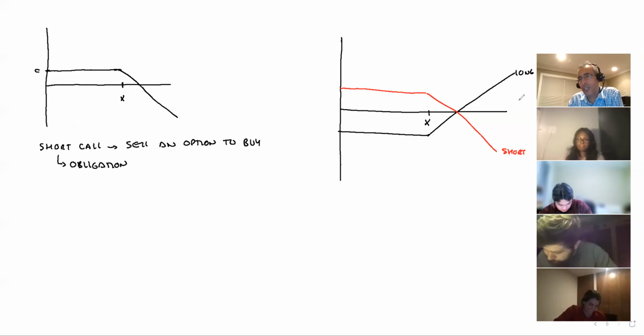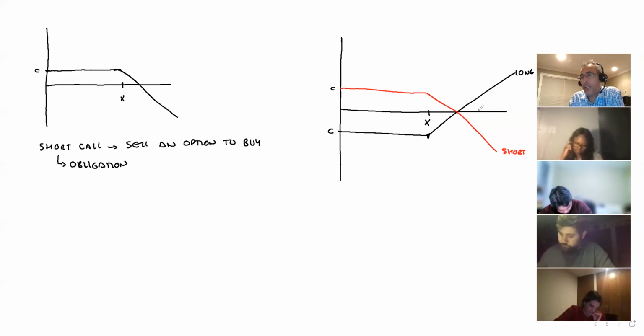So what you need to understand, guys, is that if you are short, your expectation is that the price is going to be below X, correct? Because you can keep the premium if you are short. And if you are long, your expectation is that you want to buy in the future and you expect that the prices are going to go up, and then you can make money.